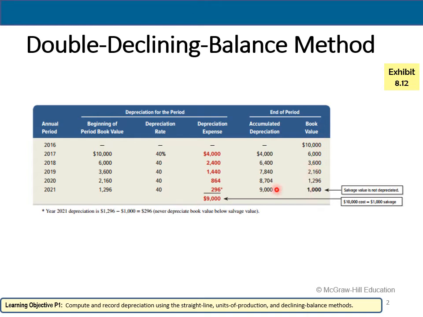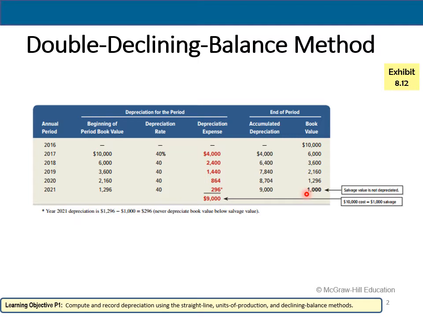It's kind of a manual check. So in other words, if we were to take 40% of $1,296, you get more than the $296 here, but you can't take that as a depreciation charge because it would result in a book value below 1,000.